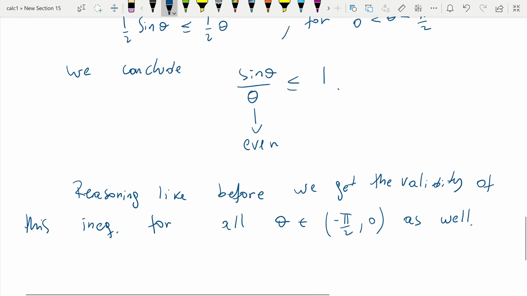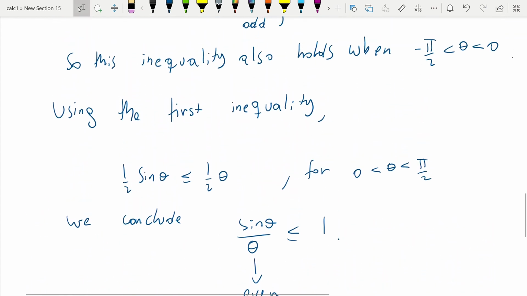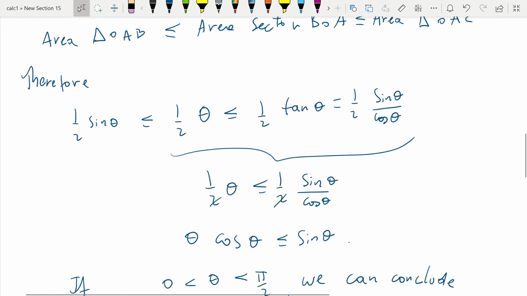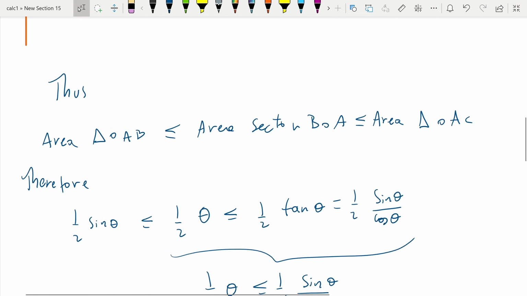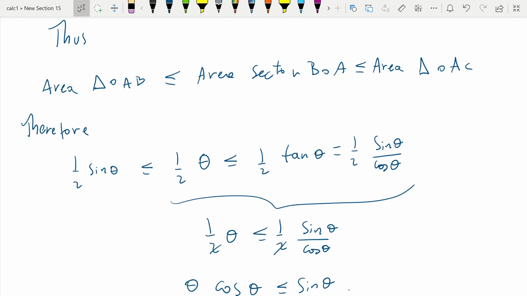So we have shown the two inequalities we wanted to show, and this concludes this part of the section. So we derived an inequality involving sines and cosines. We use that together with the squeeze theorem to derive the limit of sine theta over theta and 1 minus cosine of theta over theta when theta approaches 0.